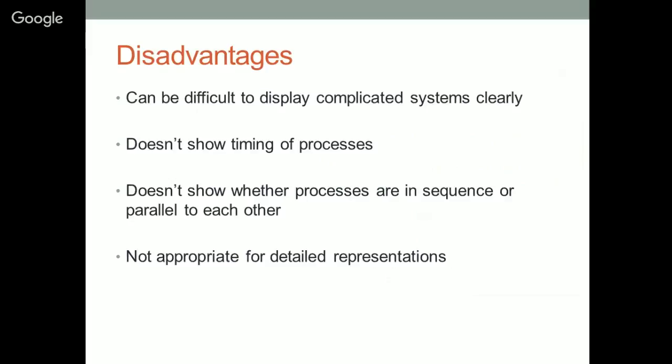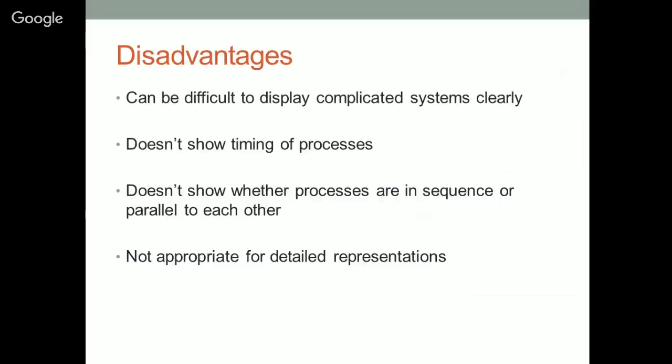Some of the disadvantages are that they can be difficult to display complicated systems clearly. If you have a really complex system, it can be hard to organize a data flow diagram so that everything still isn't too messy. Another disadvantage is that it doesn't show the timing of processes.